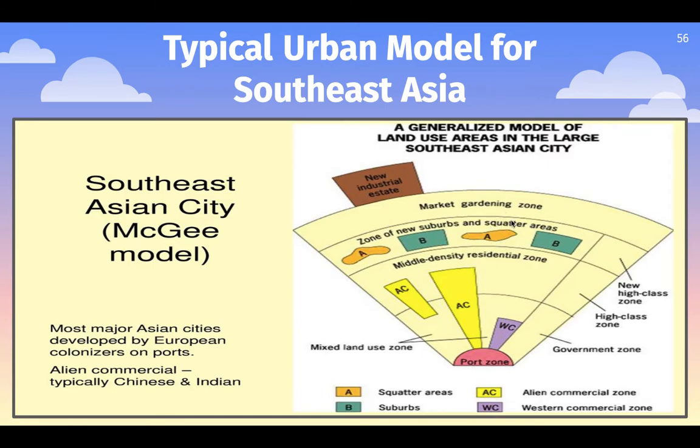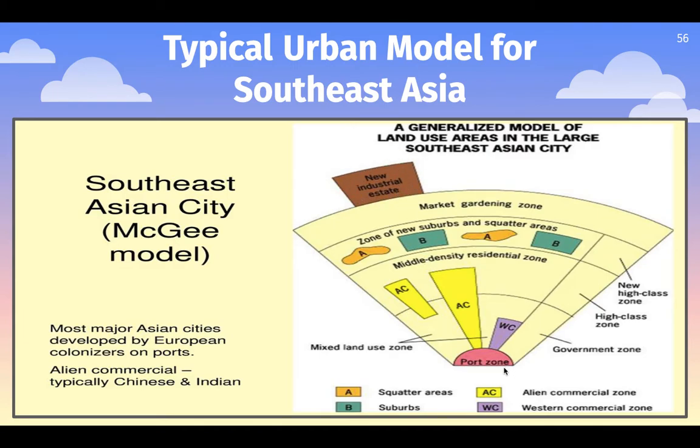Now, squatter areas are essentially very low income, impoverished settlements that some people refer to sometimes as slums. They are squatter settlements. We're going to talk more about squatter settlements later in this unit. Finally, we get the gardening zone and industrial areas.